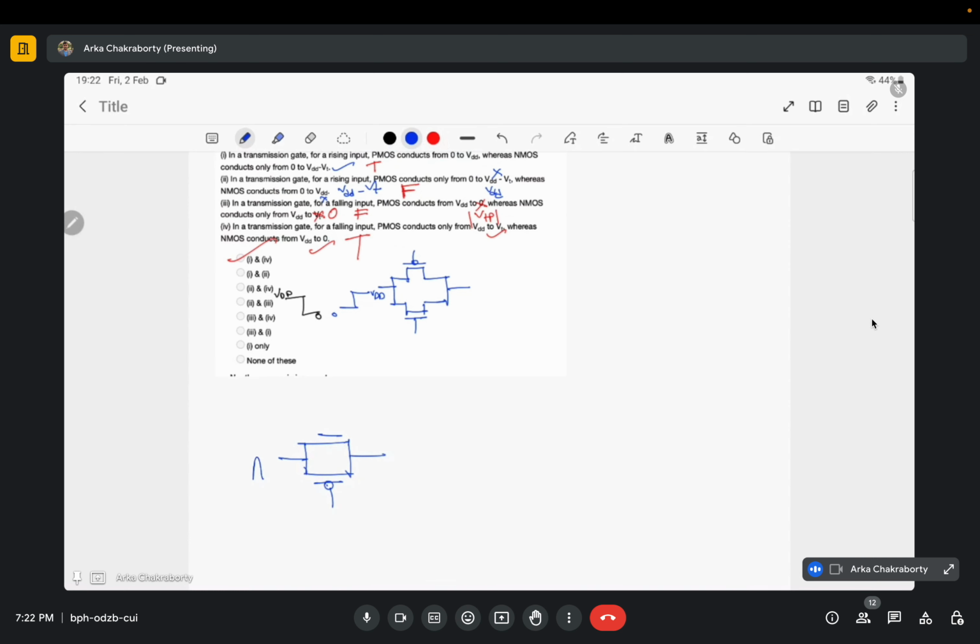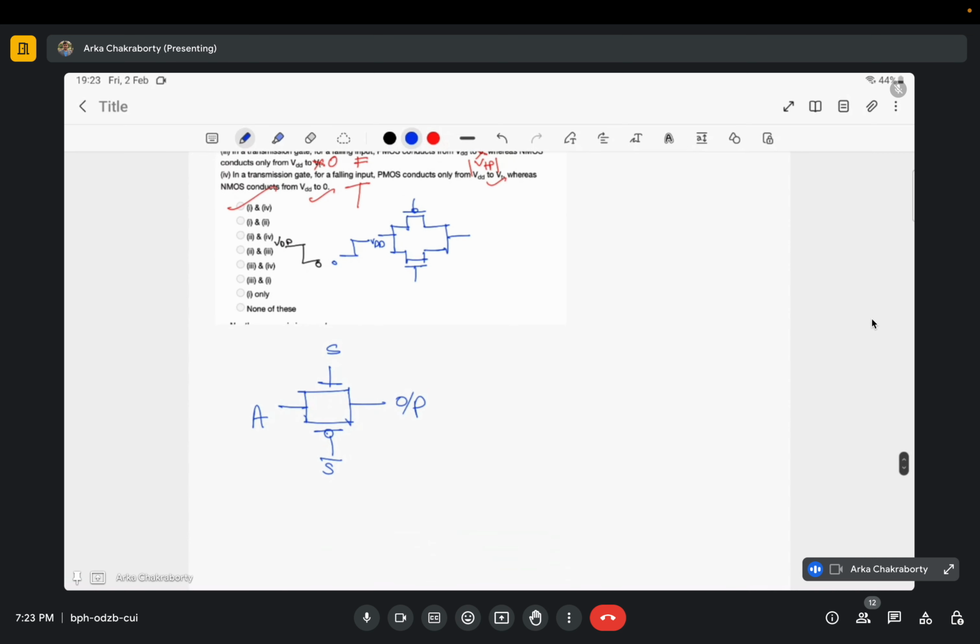This is input A, this is my output, and these are my select lines, S and S bar. Now as I already mentioned, this gate is able to pass any input logic without degradation.